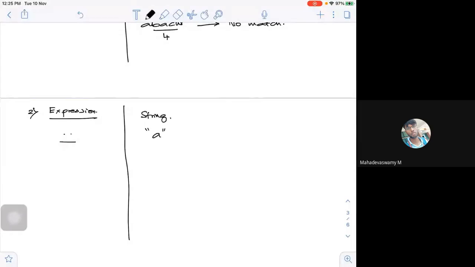It can be anything, but I am getting a 1-letter word, so I don't have any match. It doesn't match. Now let it be AC or AB, whatever it may be. Here let me put AC. Now a 2-letter word is what I am searching, and it is a 2-letter word. There is one match.